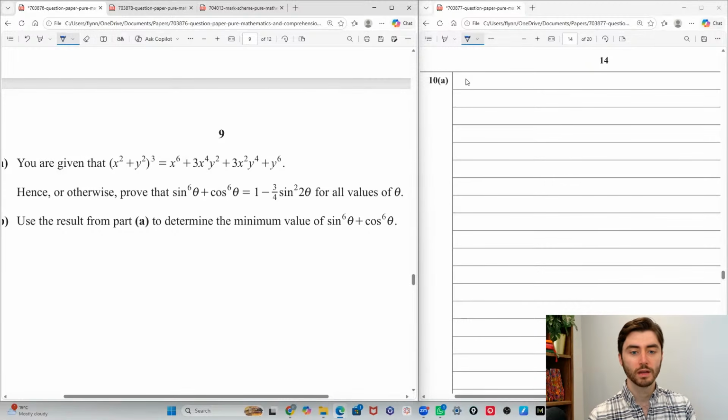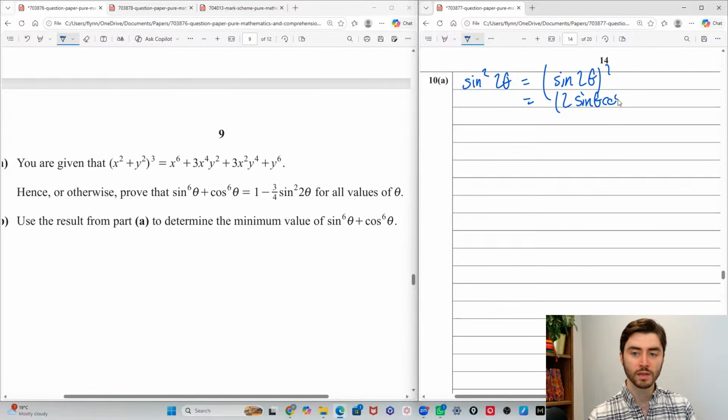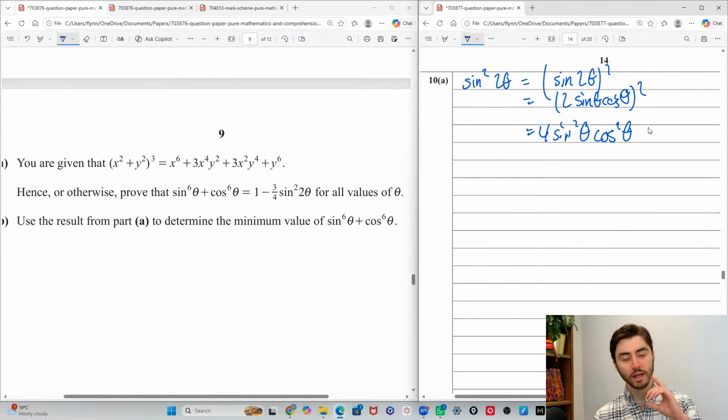So let's consider sine squared of 2 theta. Well, that's going to be sine of 2 theta all squared. And that is going to be 2 sine theta cos theta squared, which is going to be 4 sine squared cos squared. Let's plug that in.